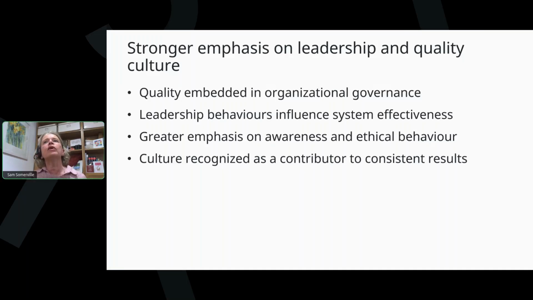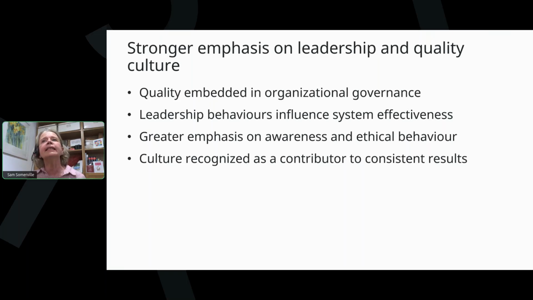There is an emphasis on leadership and new requirements on the promotion of quality culture and ethical behaviour. Quality is positioned more as part of organisational governance, not something that's delegated away from top management. And leadership behaviours are recognised as having a direct influence on the effectiveness of a quality management system and consistency of results.